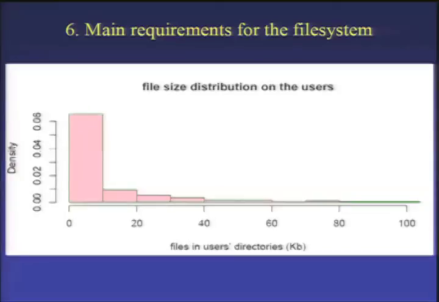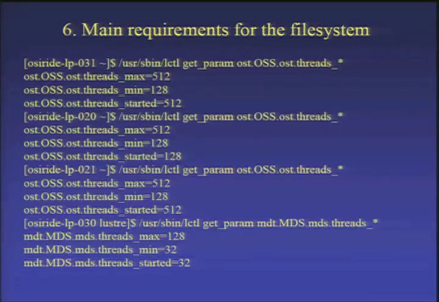And here we have just the home directories, so the distribution is about the same. Here we have some parameters of the maximum threads and minimum and maximum threads that we can open on the different Lustre server.